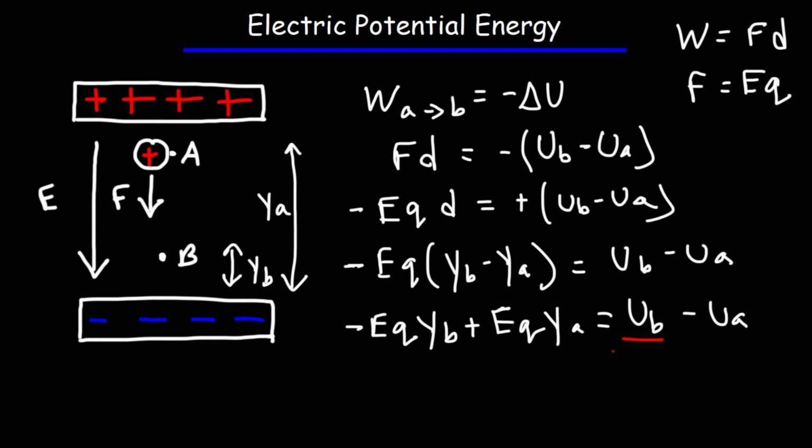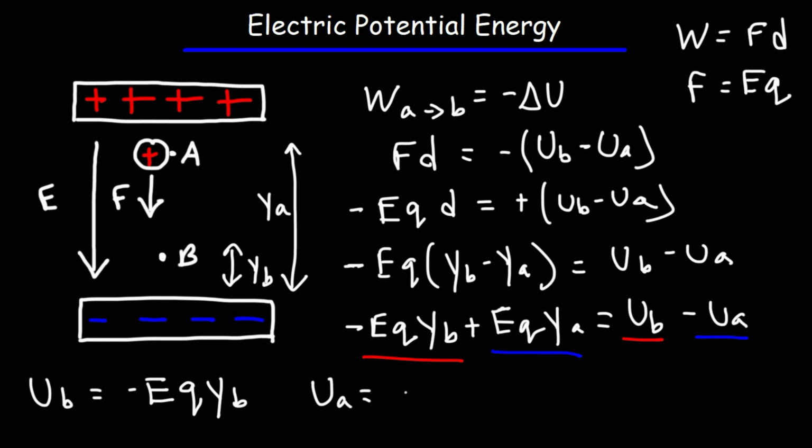So UB is equal to negative EQ YB. Negative UA is equal to positive EQYA. If you multiply both of those by negative 1, you'll get that positive UA is equal to negative EQYA.